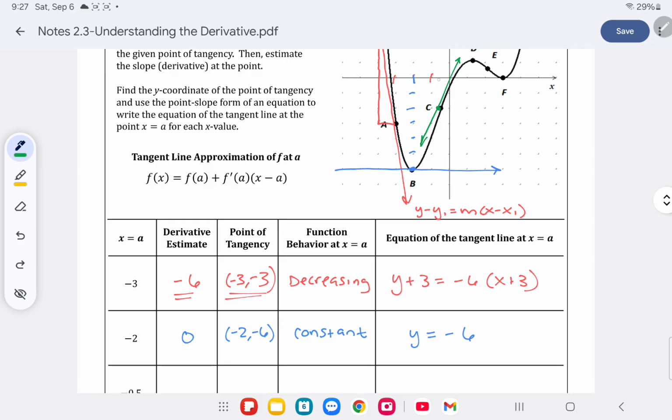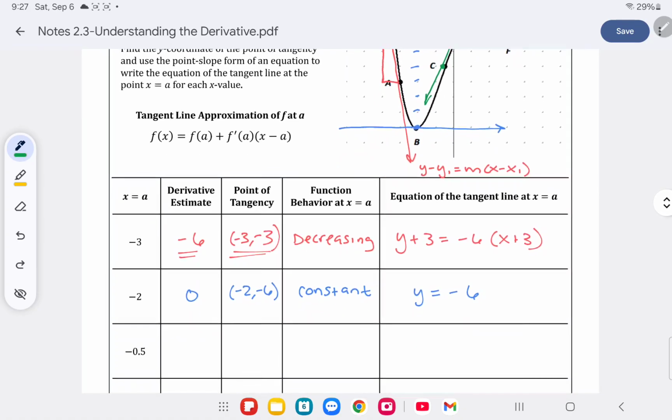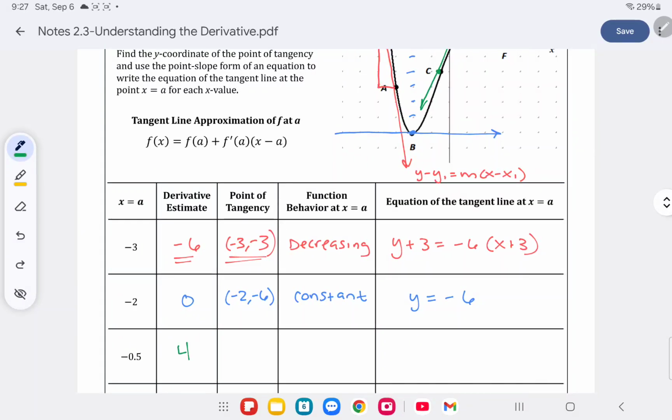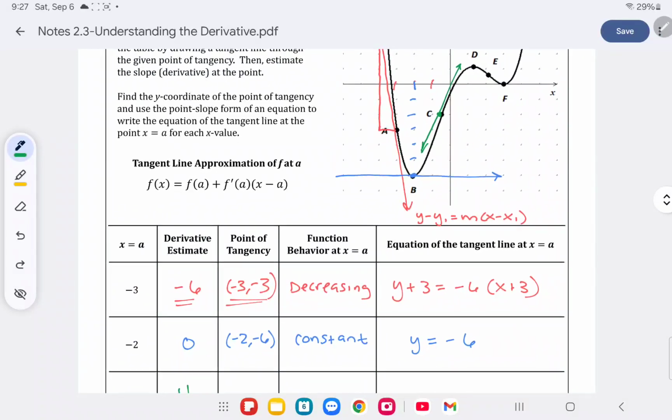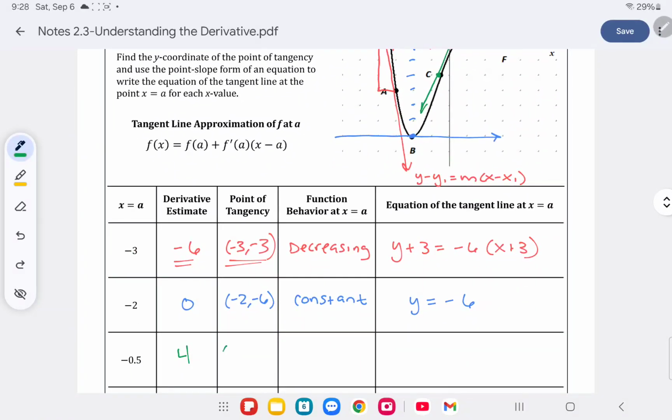I'm getting about 2 over 1/2, so 4 maybe? Point of tangency, C was at -1/2, -2. It's increasing there. The slope is positive.